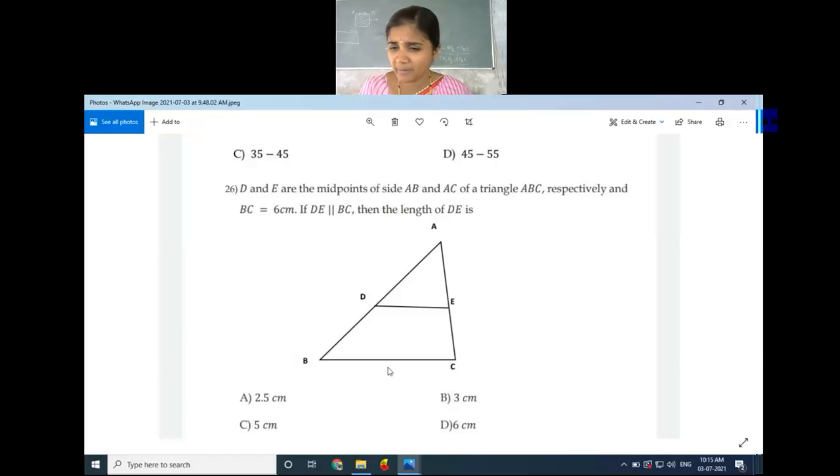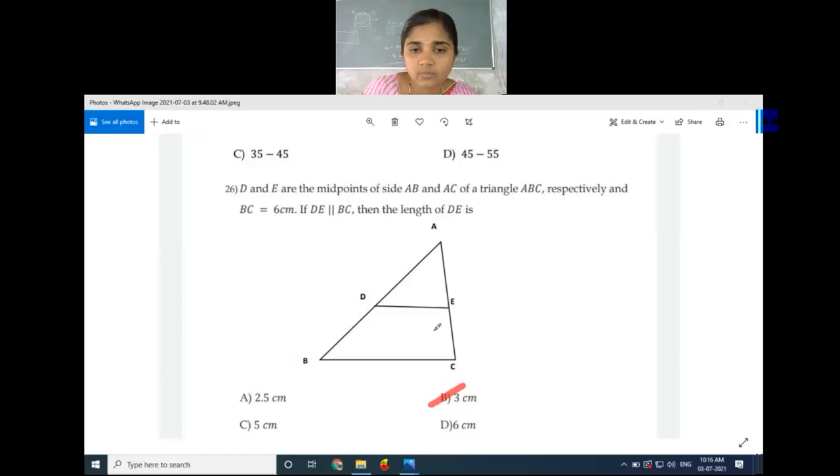Using the midpoint theorem, the line joining the midpoints of any two sides of a triangle is always parallel to the third side and half of the third side. If BC is 6 centimeter, then DE is half of 6, that is 3 centimeter. Option B is the right answer. Got the idea of this question now?